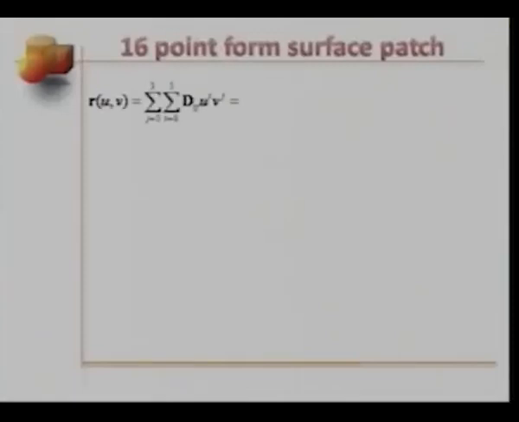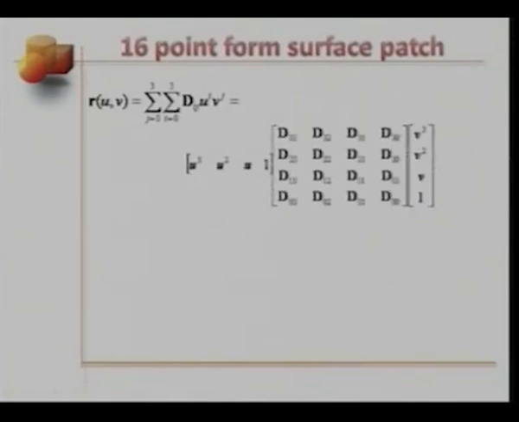Mathematically, the model is expressed as R as a function of parameters u and v is equal to summation index j going from 0 to 3, summation index i going from 0 to 3, d sub ij times u raised to i times v raised to j.